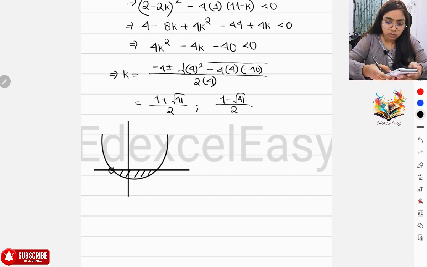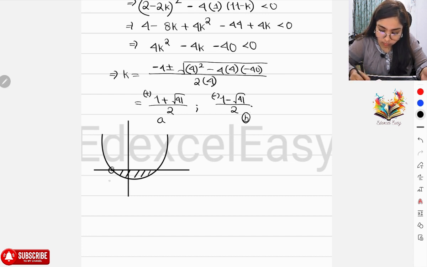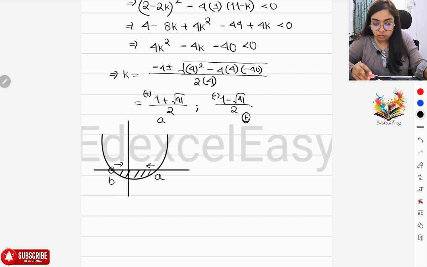If you use a calculator, this one is giving you about 3.7, a positive value, and this is giving negative 2.7. I'm going to consider this as B and this as A. So your A is over here and B is over here. Your inequality should be less than A and greater than B. As you can see, the region that I've shaded is only situated in between the range less than A and greater than B.